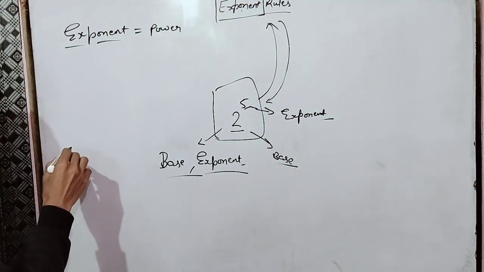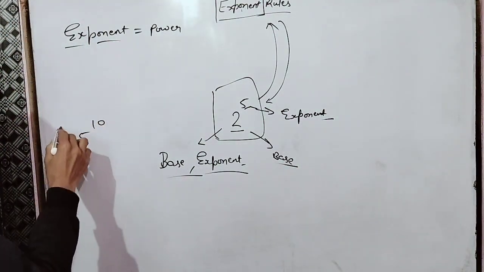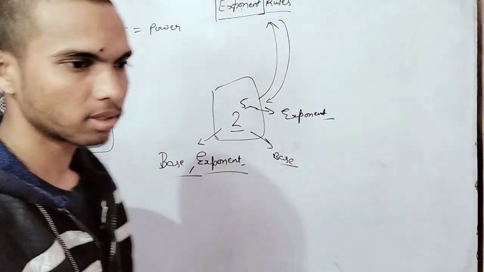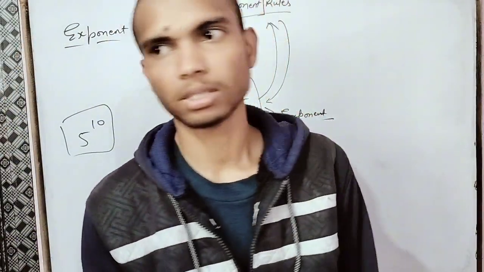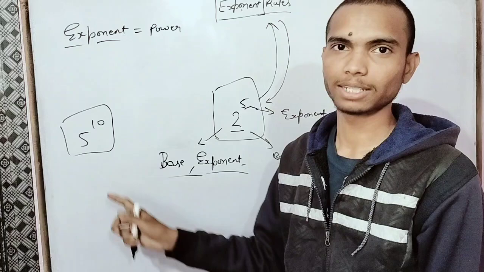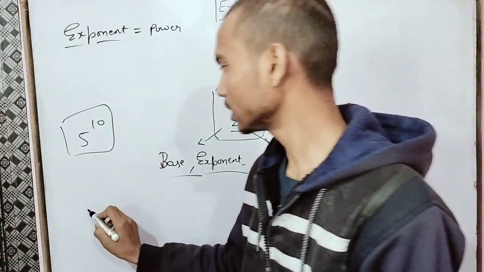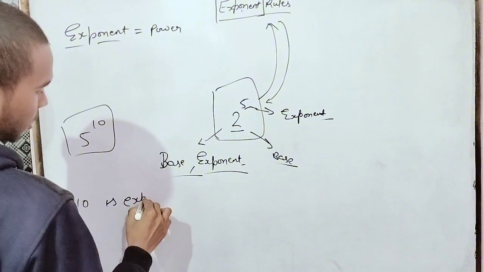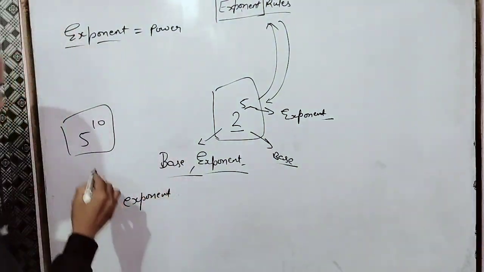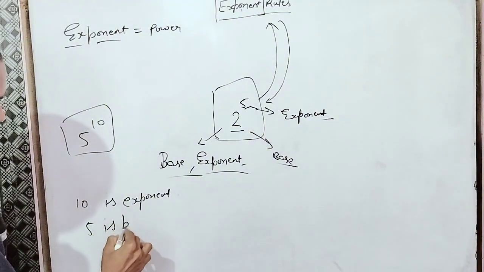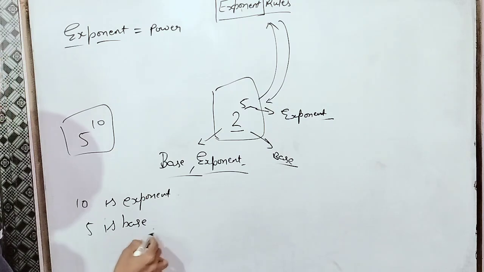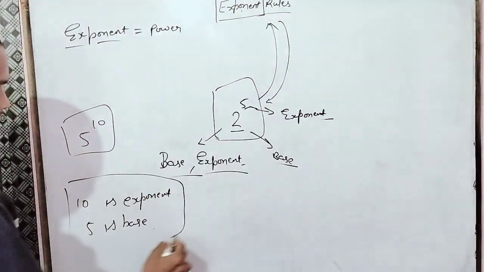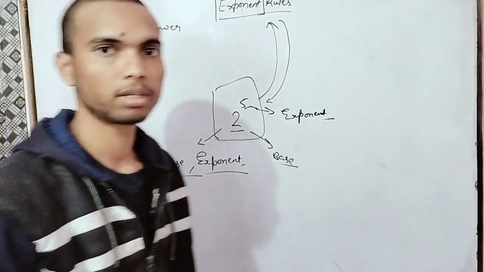So if I ask you, here, tell me, where is the base and where is the exponent? You would say 10 is the exponent, and 5 is the base. This is how we identify exponent and base.